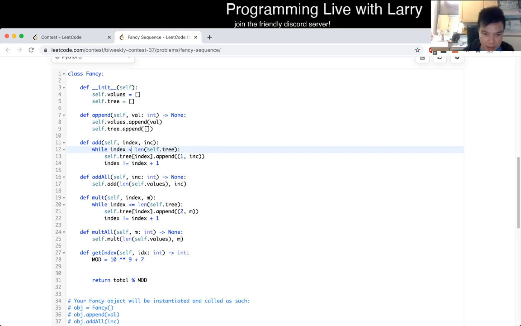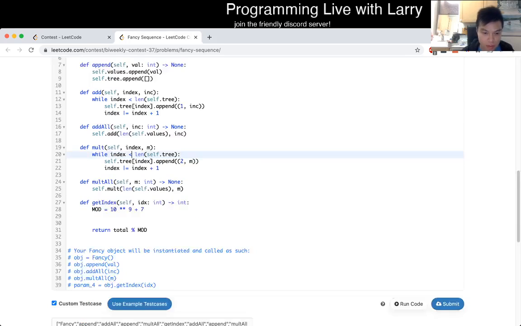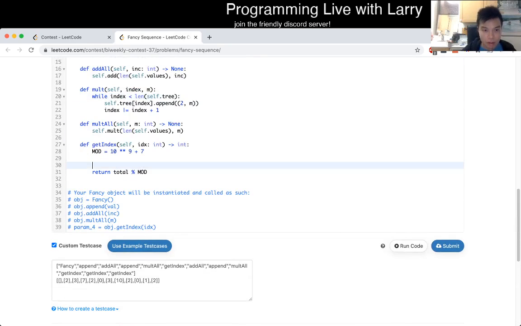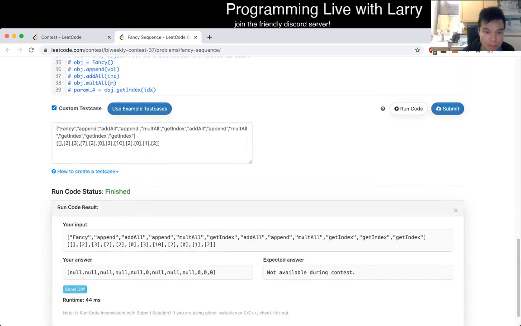Of course, that doesn't make sense. I just want to see if it gives me any compiler error or anything. Okay, looks okay.